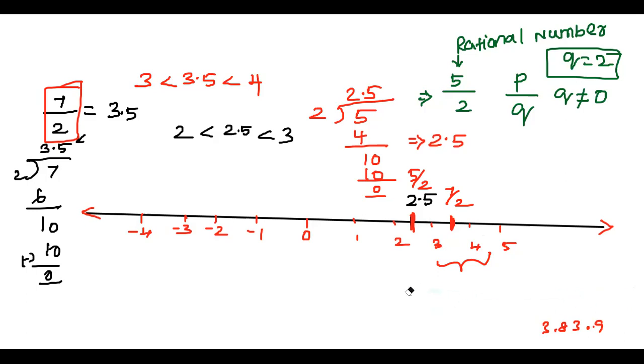So 3.5 would be the middle, 0.5 is the middle one, which is why I marked it in the middle between 3 and 4. So this is the representation of a rational number.